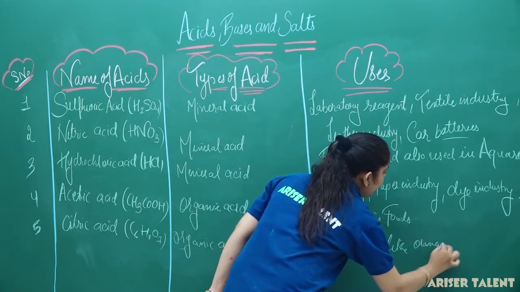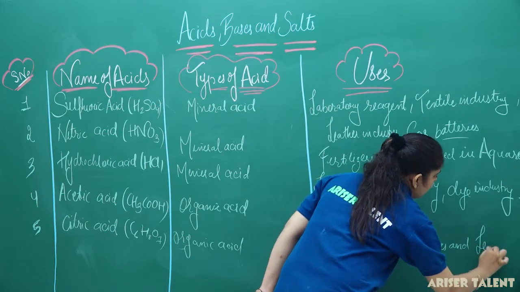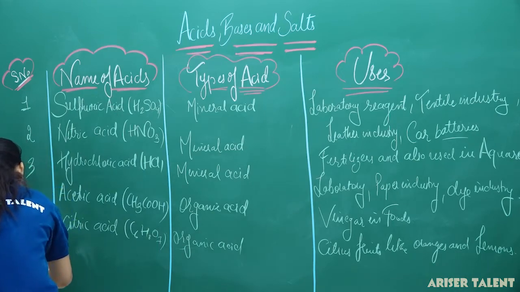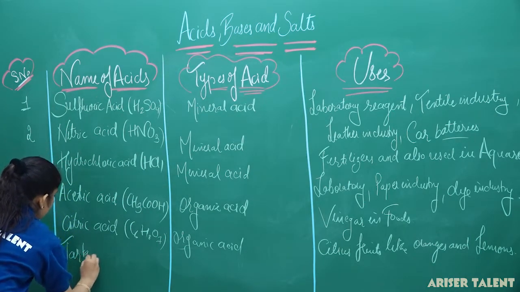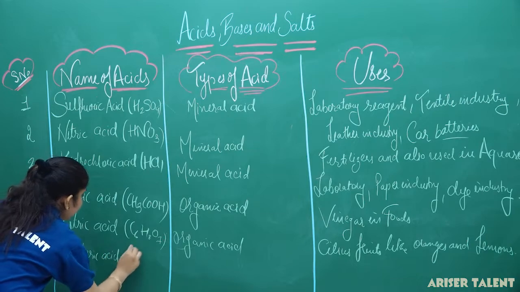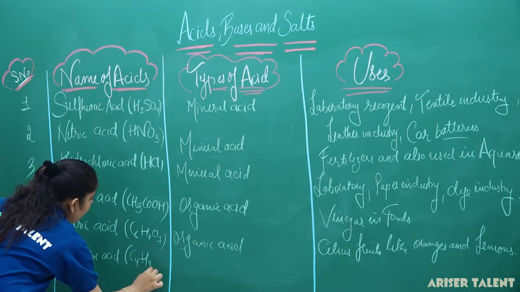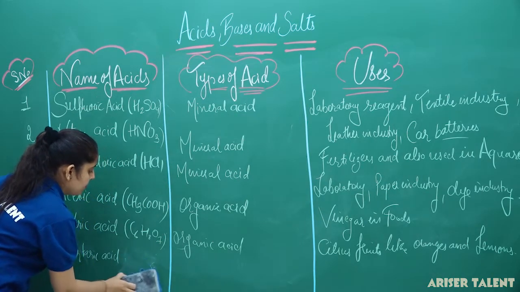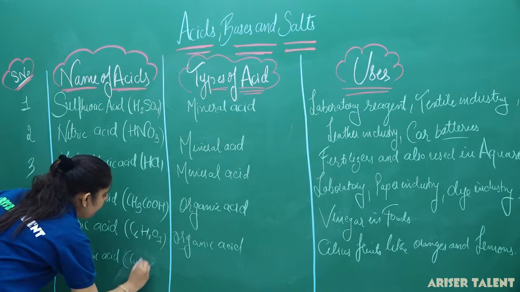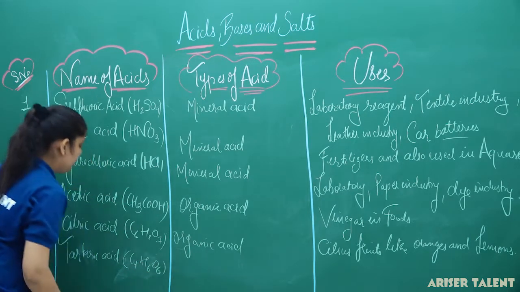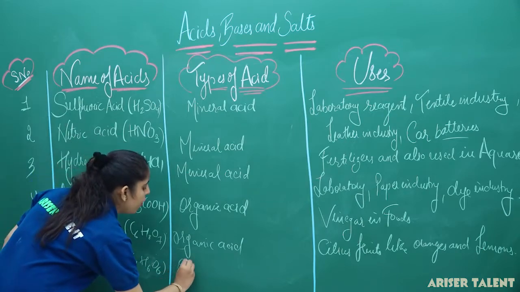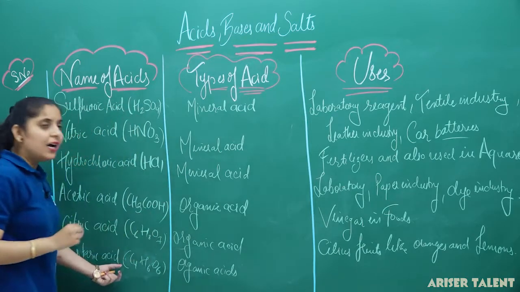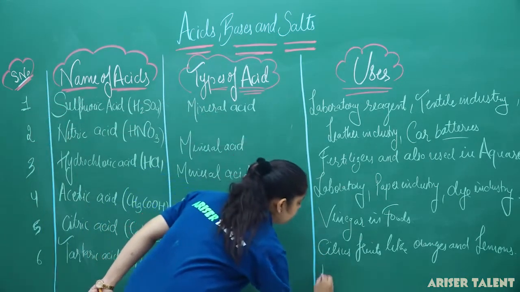The next one is tartaric acid. Tartaric acid has the formula C4H6O6, and it is again an organic acid. This tartaric acid is present in tamarind.